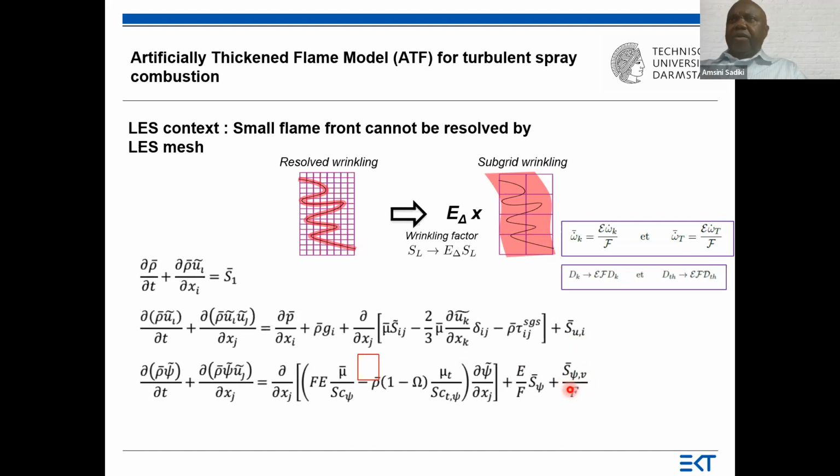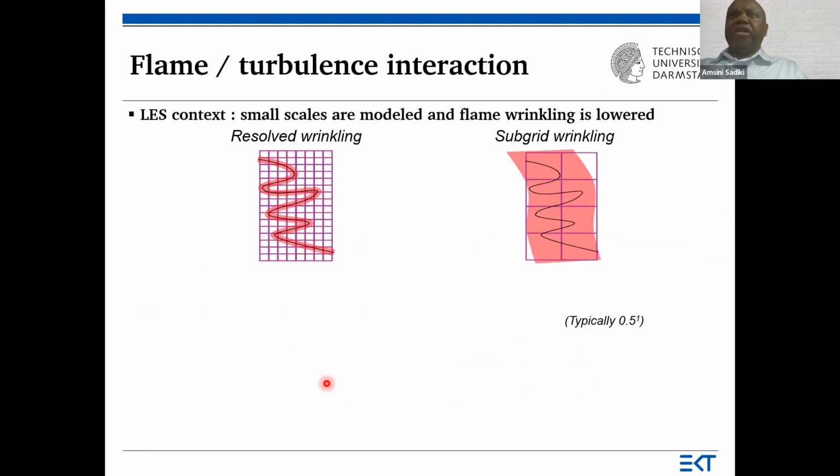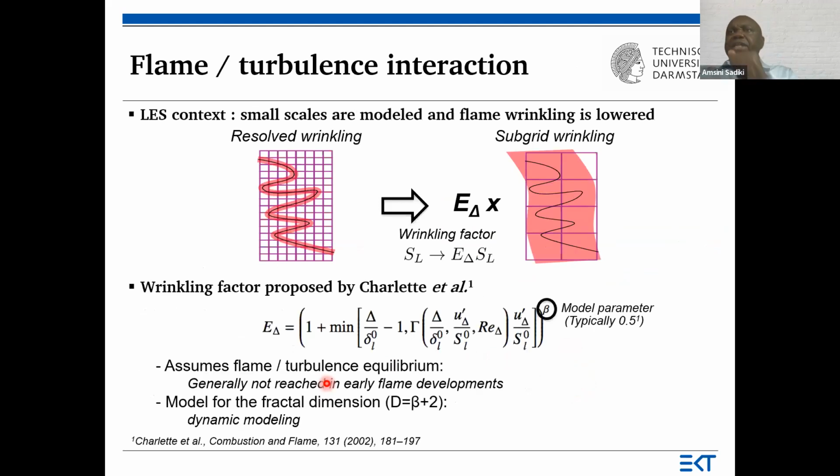So this quantity is the wrinkling factor, which we have here to get the wrinkling correct. Typically, the wrinkling factor was proposed in the literature. The most used one is from Charlette, and it is given by this here.